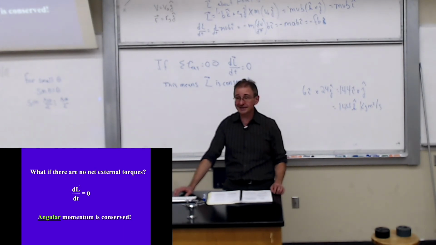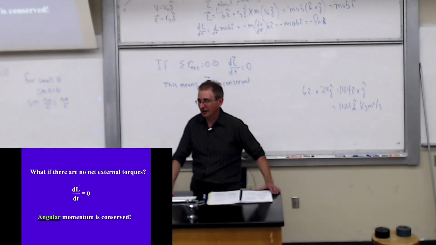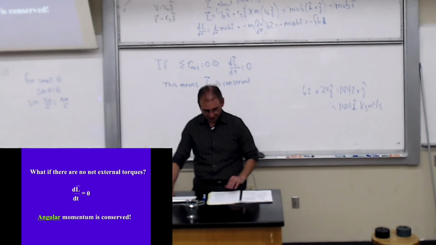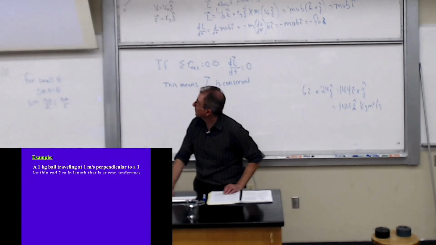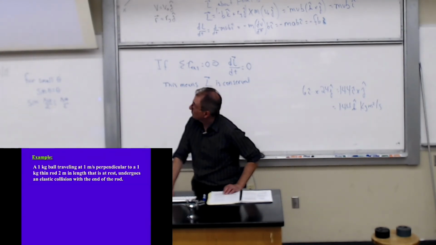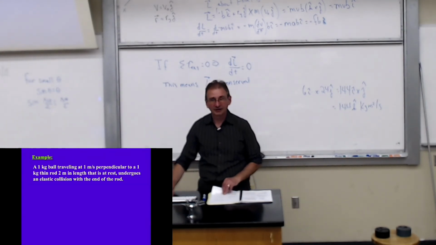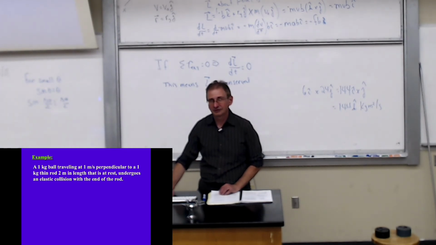I'm going to do an easy one here. And in the video, I'm going to do a horrendous one where you have an object colliding with a rod on a frictionless surface, and you have to conserve linear momentum, angular momentum, and energy.